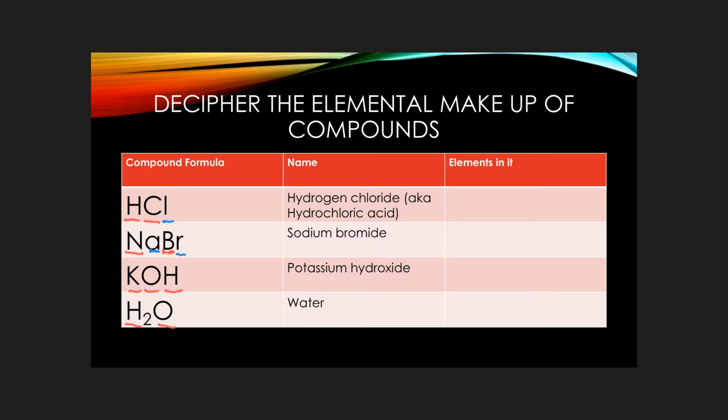So now when we go through these, we have to tell you what the elements in it are. We look up the chemical symbols that are associated with each capital letter. So for the first one, we have 2 elements total, and they are hydrogen and chlorine.